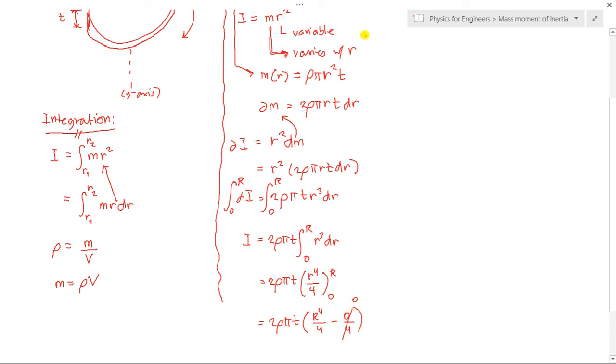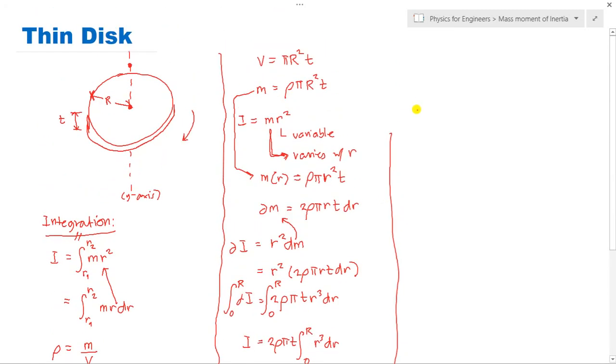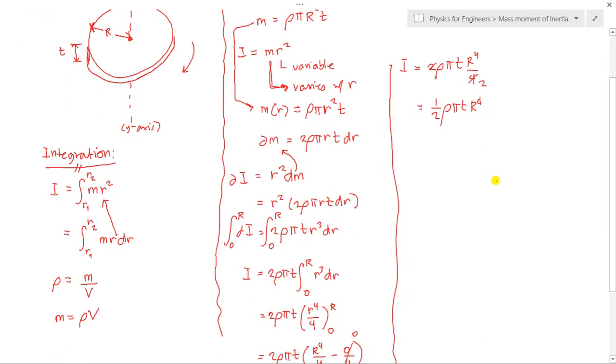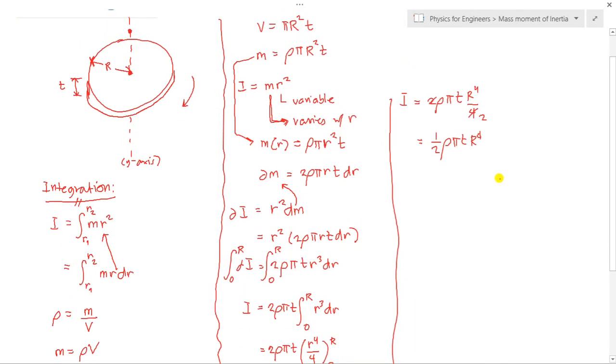So what remains, we continue: I is equal to 2 rho pi t, then we have R^4 over 4, then it cancels, 2 is left, so that is 1/2 rho pi t R to the 4th. So remember from our initial derivation for mass, right?